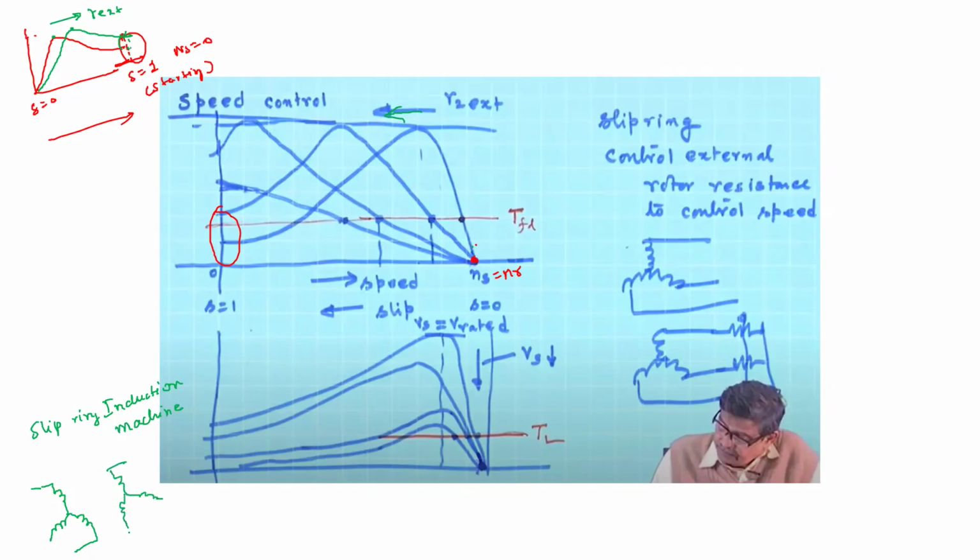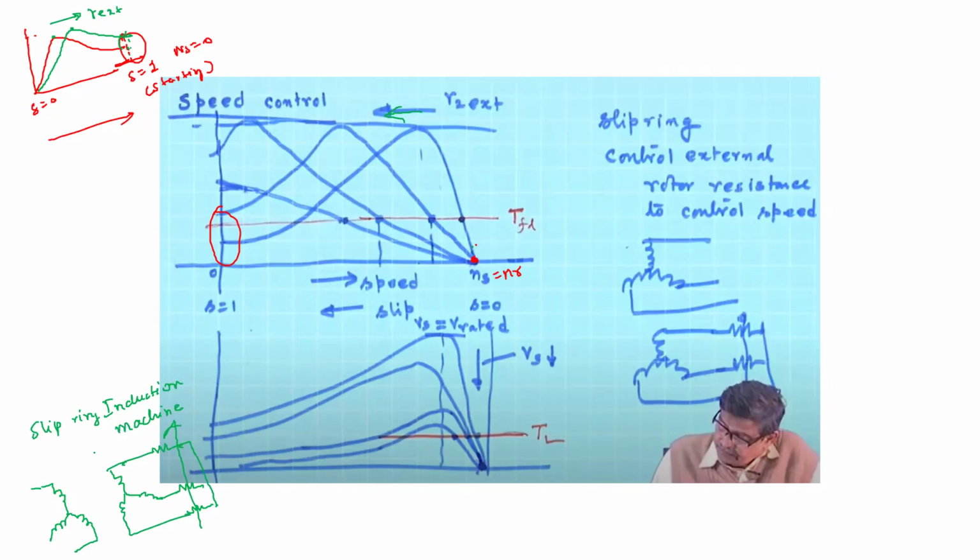Earlier in the slip ring induction machine, we were connecting the external resistance for getting large starting torque, or reducing the starting current. Here we are connecting it so that we can do the speed control.